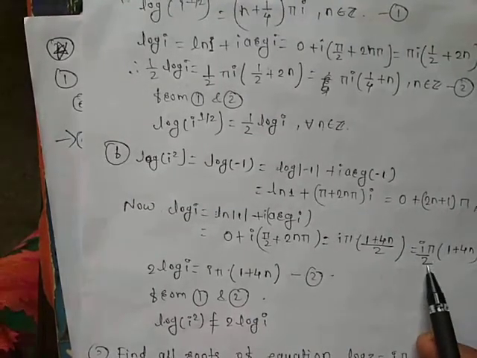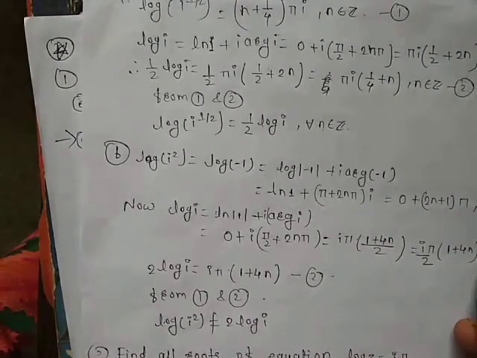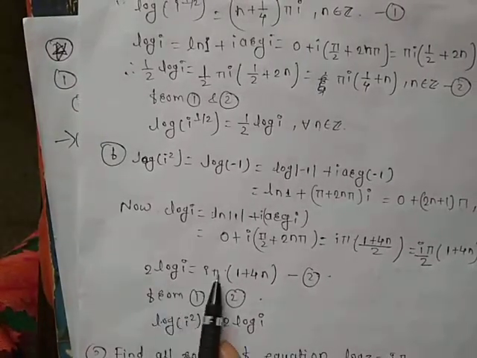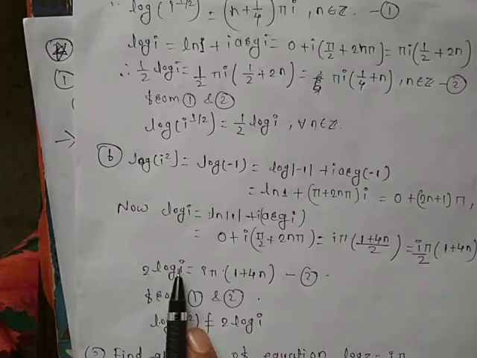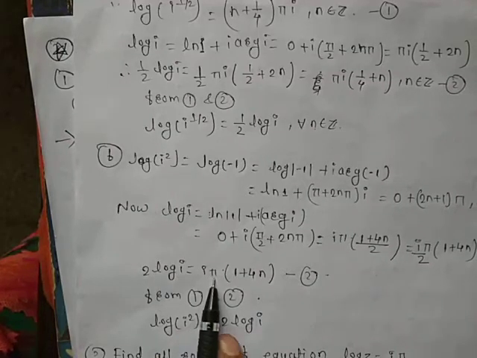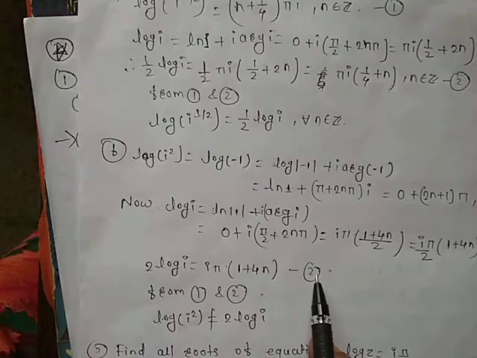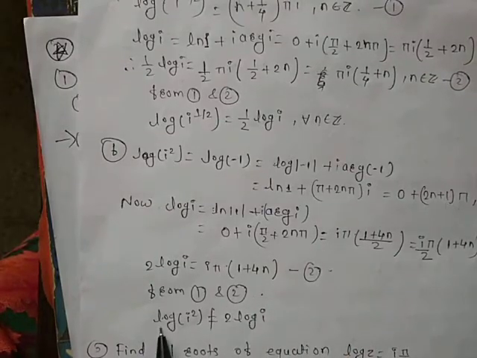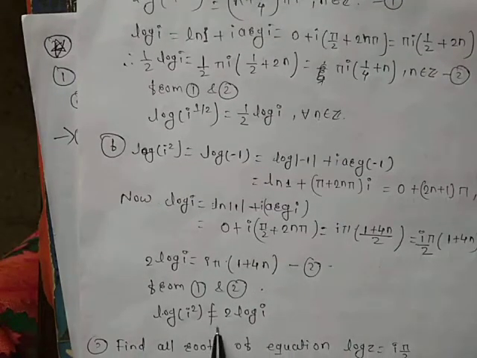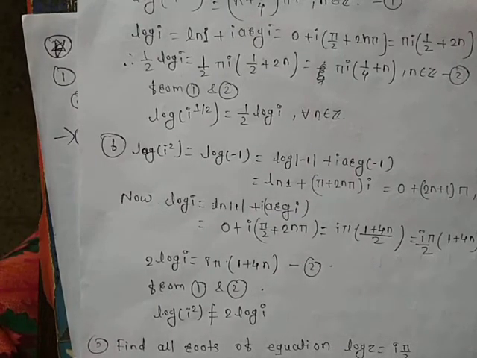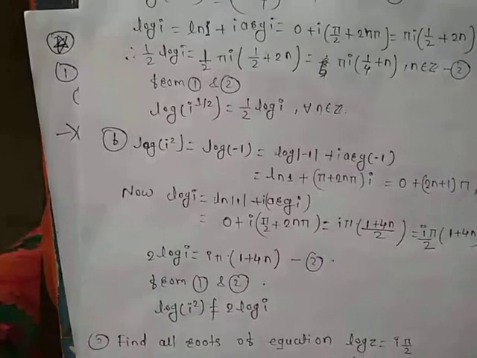If you multiply on both sides by 2, we get 2 into log i equal to i pi (1 plus 4n). Call this equation number 2. By 1 and 2, log of i square is not equal to 2 into log i. Okay, let us see the next example.